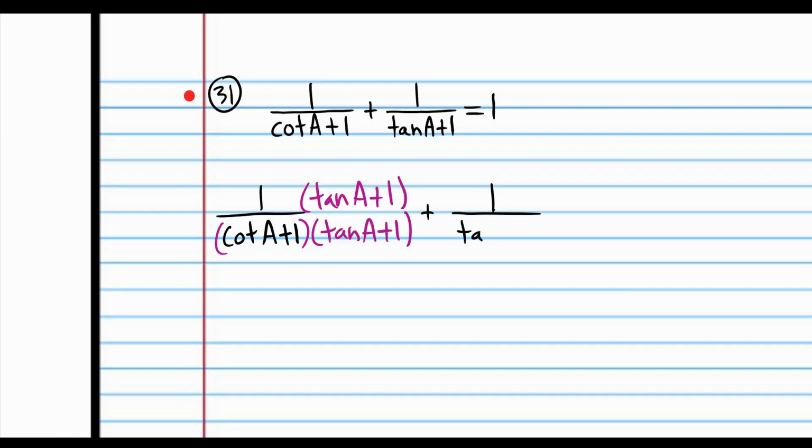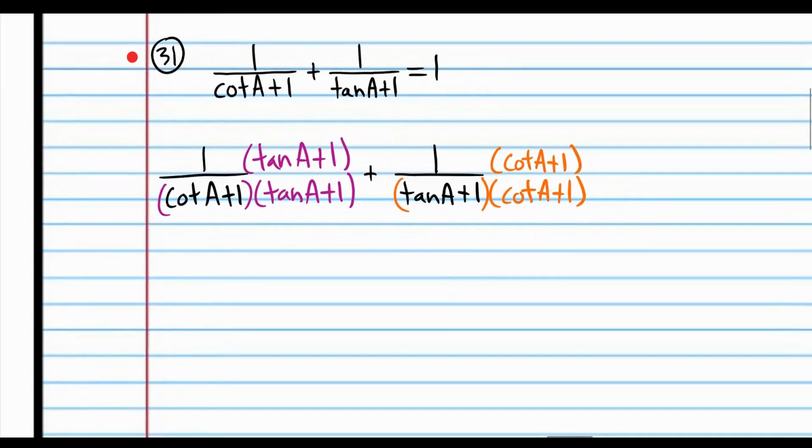Then we're going to take the second fraction and we're going to multiply both sides by cotangent A plus 1. And when you do that, you have to write parentheses on this blue expression here to avoid confusion. And you have to write parentheses here. And yes, you must do that. It's a requirement, or else the statement is not going to be technically true. It's not going to be correct.